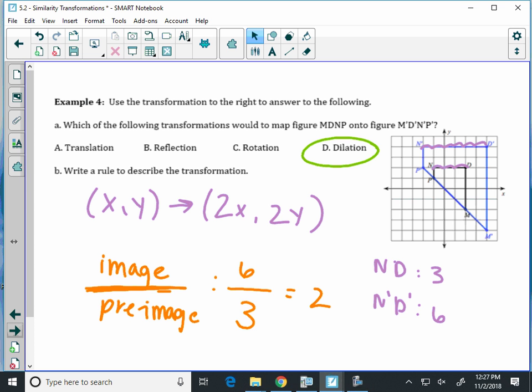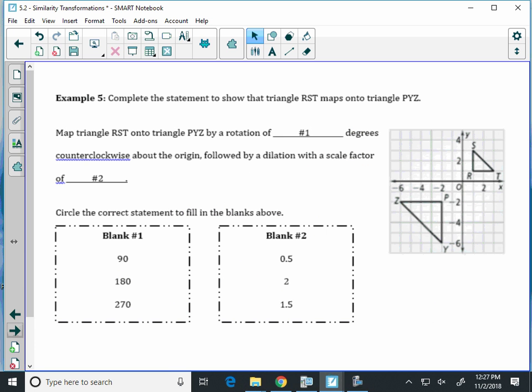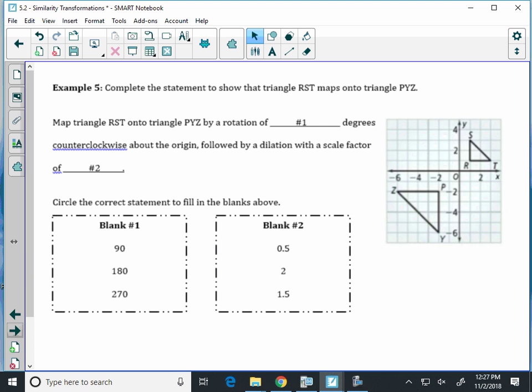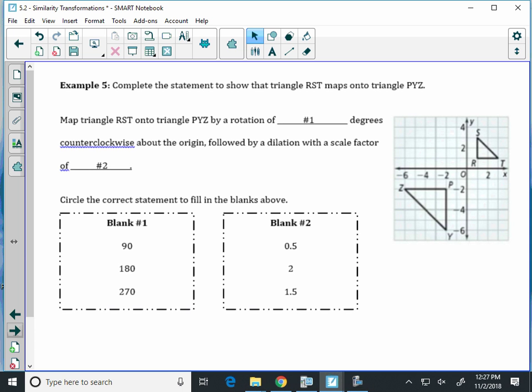You just need to fill this out. If we take a look at example 5, it says complete the statement to show that triangle RST maps onto triangle PYZ. To map triangle RST onto triangle PYZ, rotate blank degrees counterclockwise about the origin, followed by a dilation with a scale factor of blank.